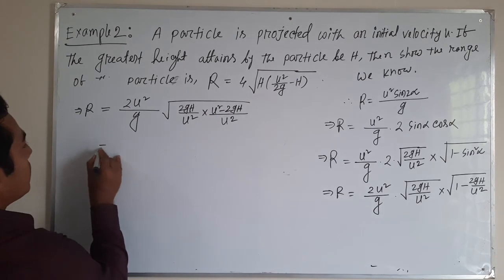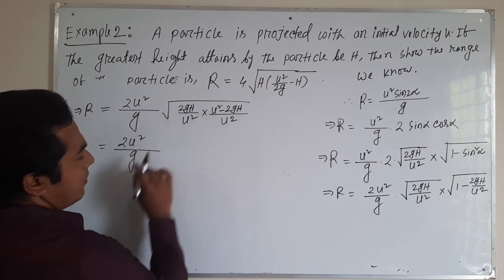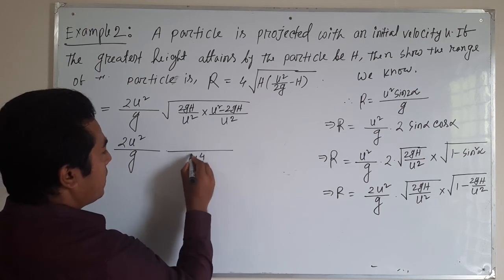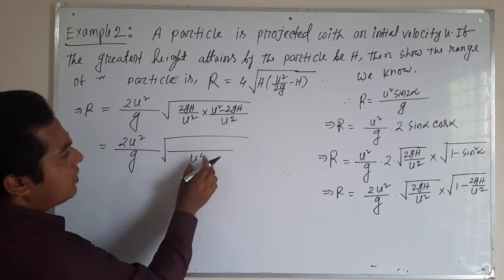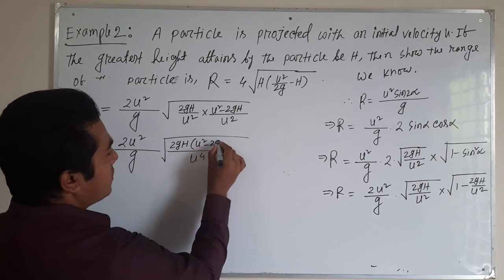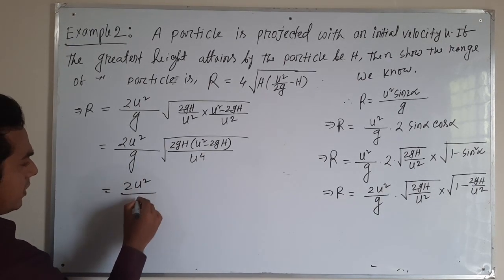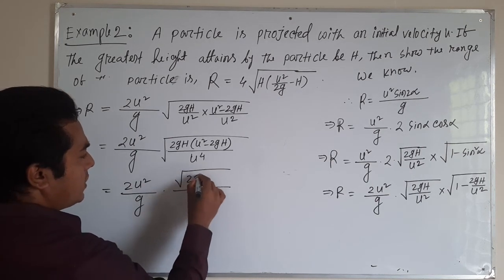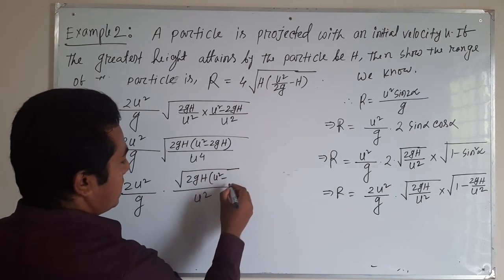Okay, so 2u square divided by g. Now from this portion we can write u4 divided by, in denominator u4, and this 2gh into u square minus 2gh. Okay, now 2u square divided by g, root over u to the power 4, it will be u square, and root over 2gh into u square minus 2gh.